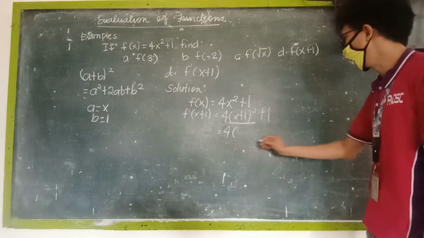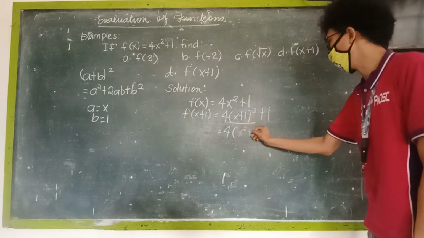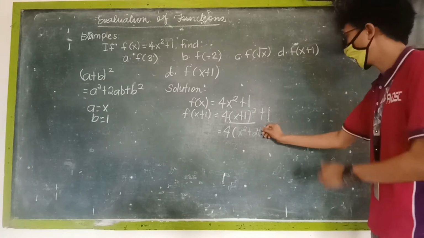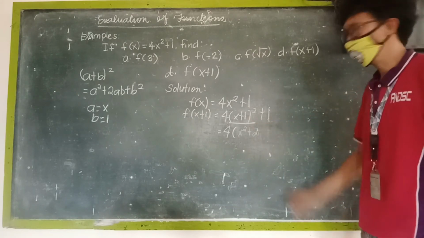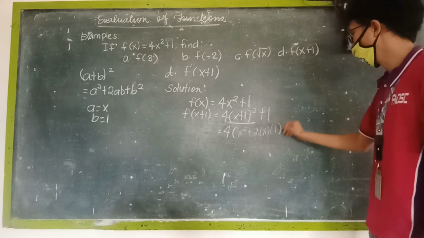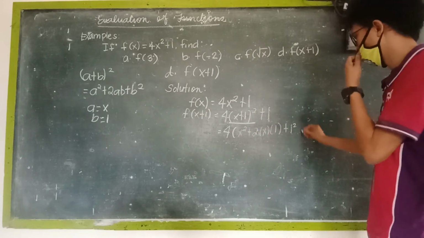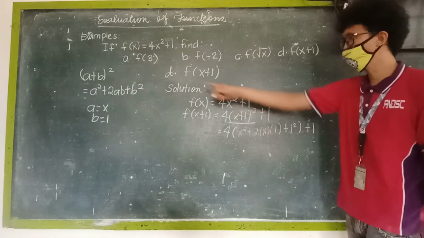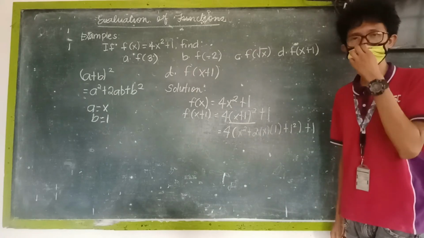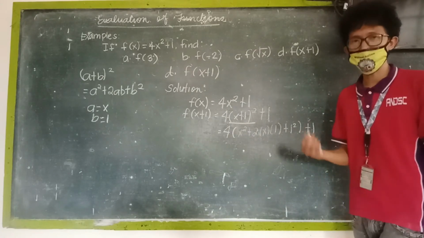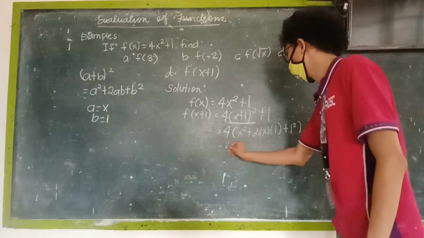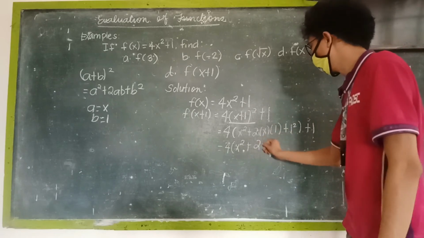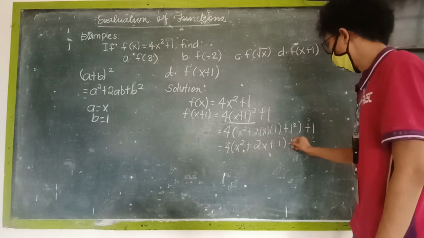So, we have 4 times x squared plus 2 times x times 1 plus 1 squared plus 1. This one is derived mula doon sa formula natin sa square of a binomial. So, we have 4 times x squared plus 2x plus 1 plus 1.